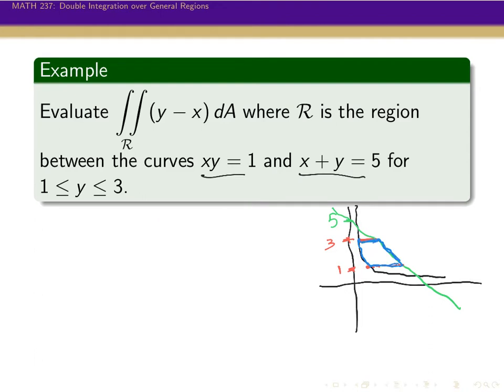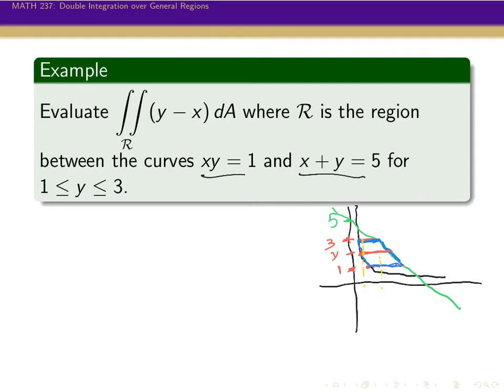Okay. Now this is an example of something that is definitely a type 2 region and not a type 1 region. If I pick some y, I can go across any y value between 1 and 3. I can draw a nice horizontal line that goes from the hyperbola on the inside to the line on the outside. If I try and do vertical lines, sometimes on the vertical line I hit the hyperbola and then I hit this horizontal line.